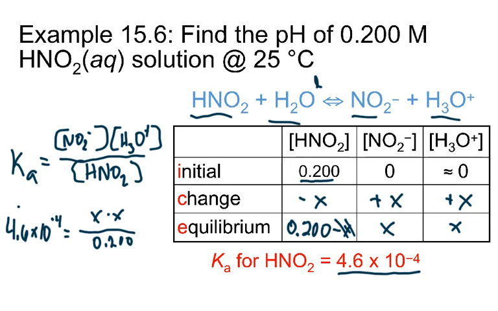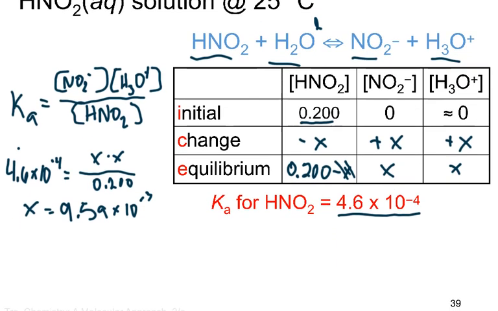So then I can easily solve for X, just take my 4.6 times 10 to the minus 4 times 0.2, then take the square root of that. So I find an X value of 9.59 times 10 to the minus 3. If I take that divided by my 0.2, I can see that it is less than 5%. It's about 4.8%. And so my X value is good.